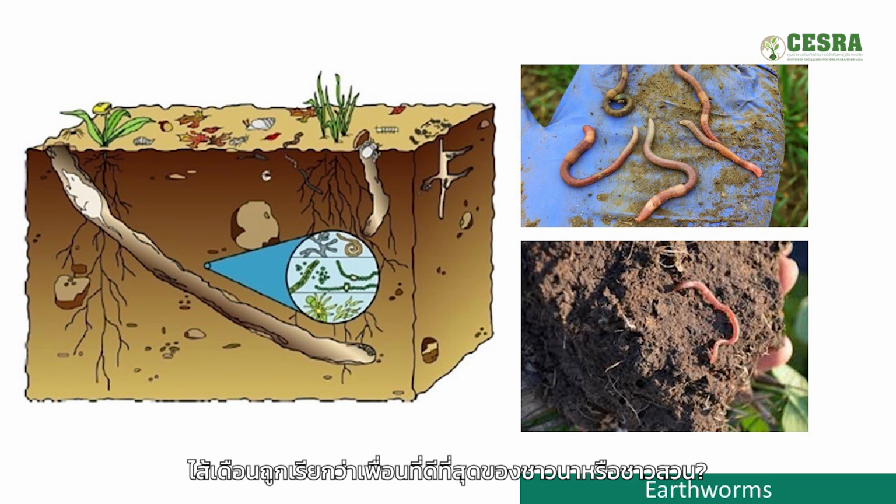Did you know that earthworms are called a farmer's or gardener's best friend? Earthworms also increase the population, activity, and diversity of soil microbes. For example, the actinomyces increase 6 to 7 times during the passage of soil through the digestive tract of the worm, along with other microbes that play an important role in the decomposition of organic matter to humus.